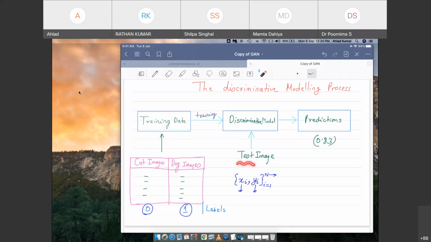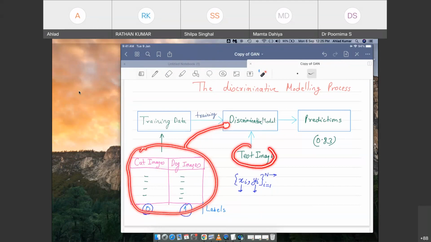Here the test image that you use has to be different from the training samples you are using for the discriminative model. This has to be kept in mind: the training images are a data set fed into the discriminative model for creating the hyperplane, while the test images are in a separate bag and cannot be in the training bag.